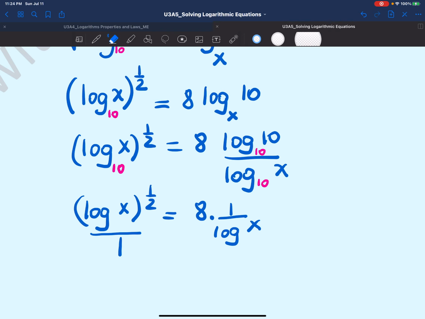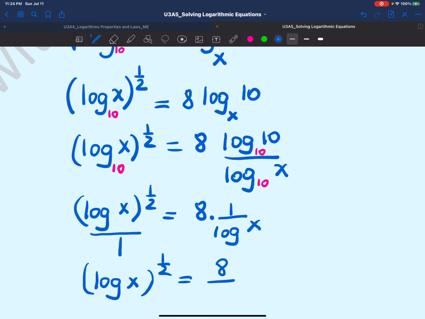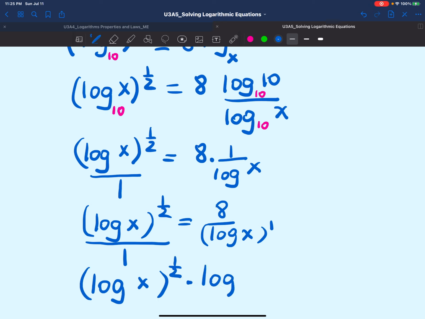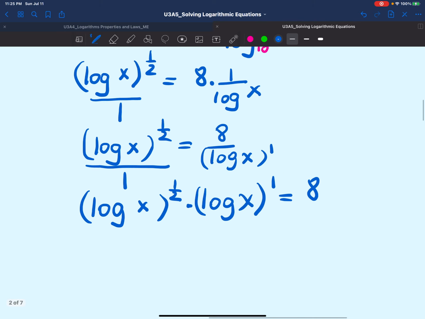And we can also write this 8 times 1 over log x as 8 over log x. So here we go, we have log of x to the power of 1 here, log of x to the power of 1 over 2 here, cross multiply, and we'll get log of x to the power of 1 over 2 times log of x to the power of 1 equals 8 times 1.